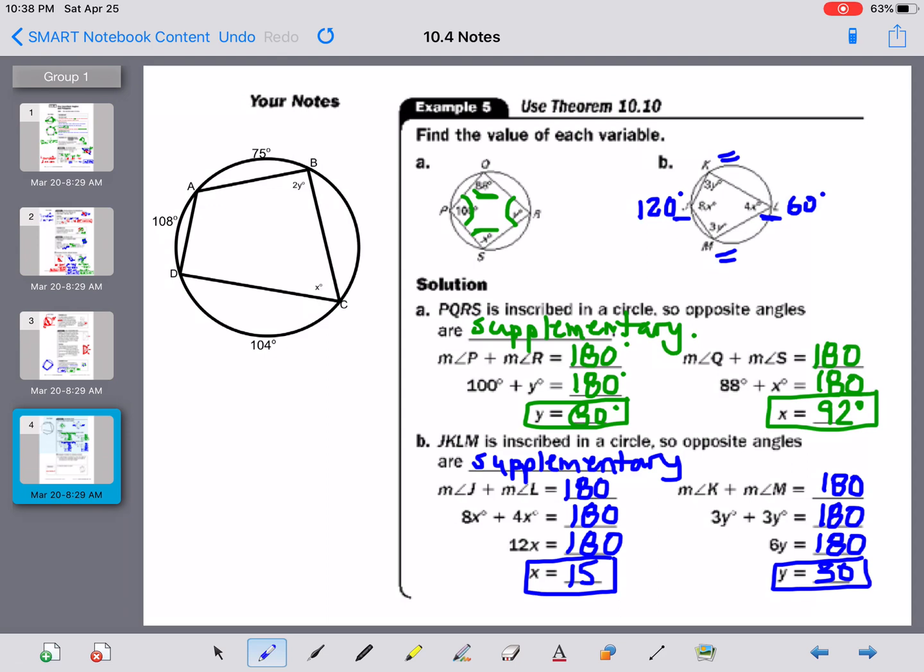All right, let's plug in our y of 30. 3 times 30 is 90. 3 times 30 is 90. Do 90 plus 90 equal 180? They do. By the way, anybody recognize this special quadrilateral that has one set of opposite angles congruent? If you said kite, you're right on. Nice work from Chapter 8.